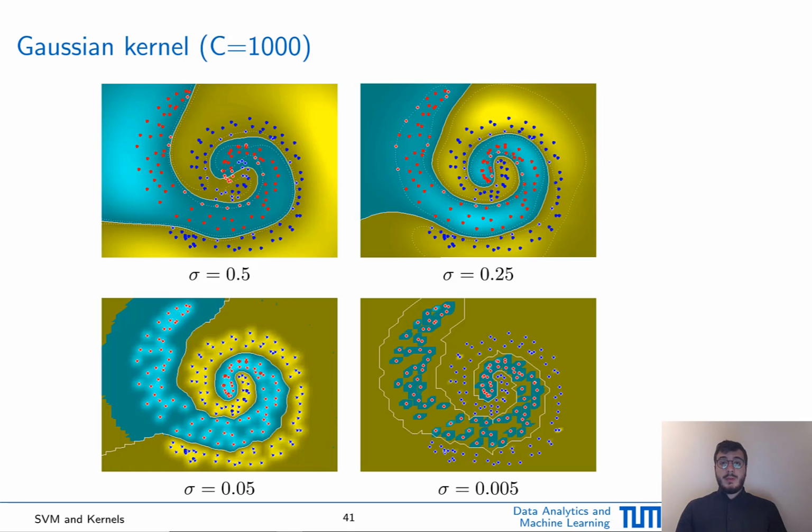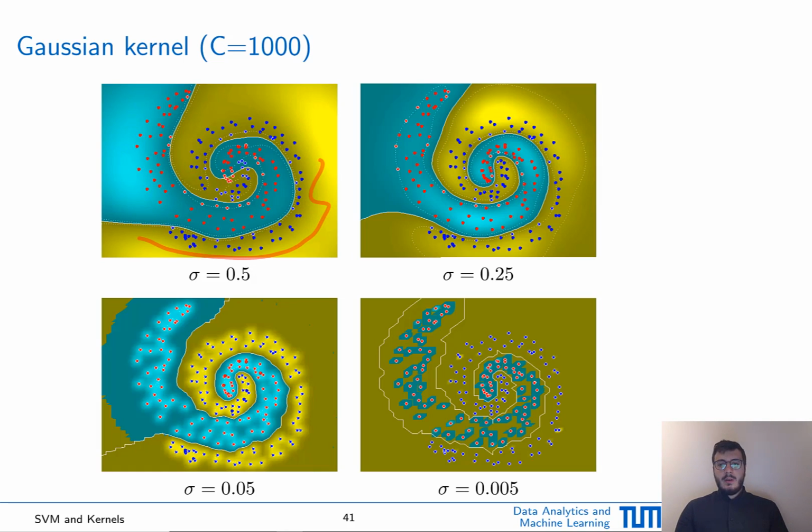Well, overall, what we see in all these pictures is that the Gaussian kernel was able to adapt to the shape of the data. So we see that the two classes are in this sort of spiral shape, and then the decision boundary takes on the same shape. So we see that all of the data points which are in this region will be classified as class 1, and all of the data points which end up in this other region will be classified as class -1.